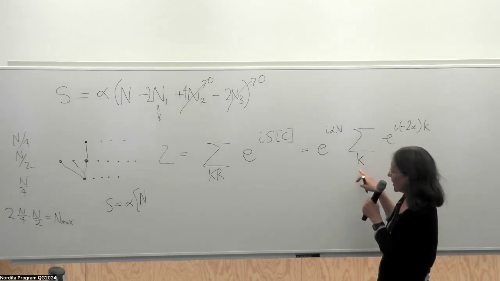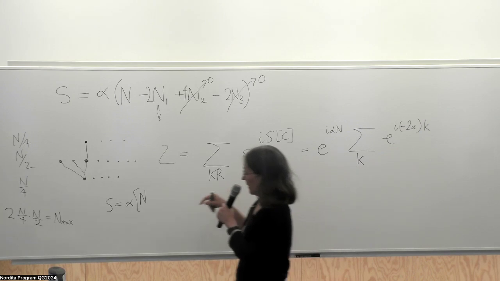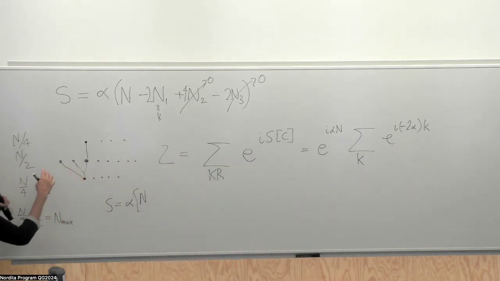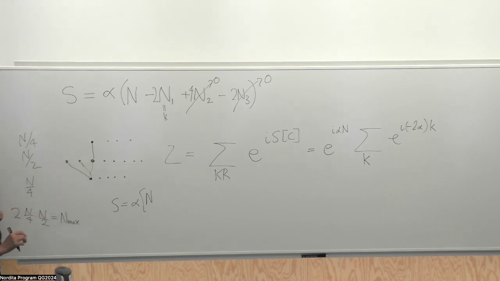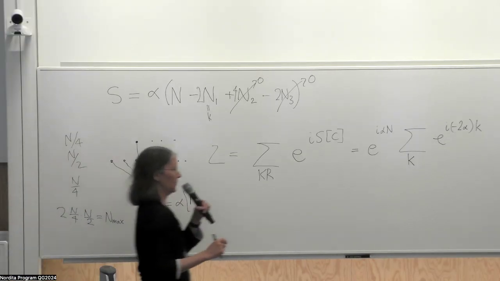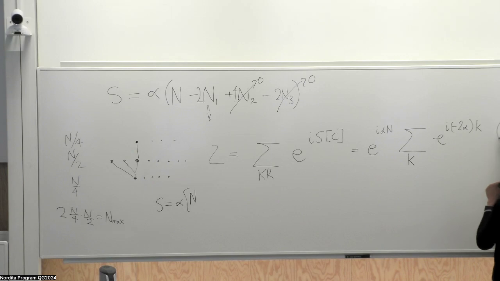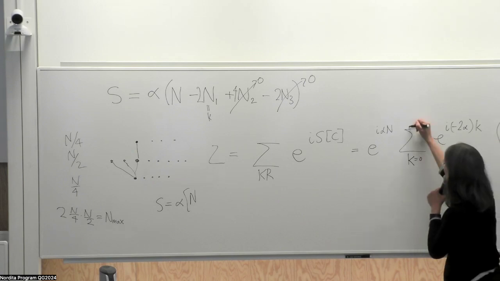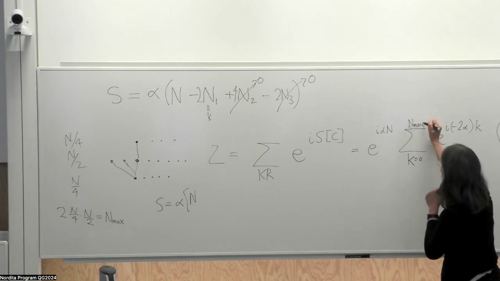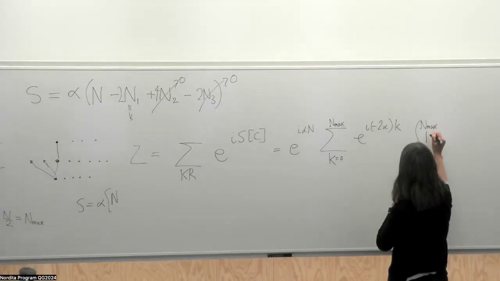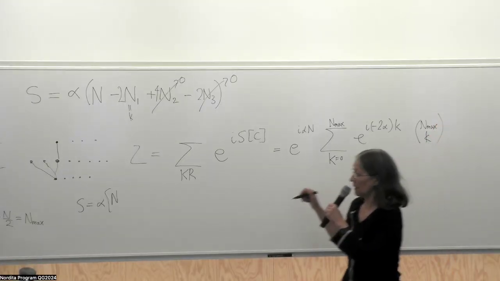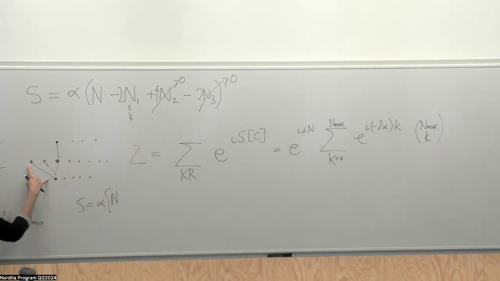But each number k can happen in many different ways. You can get a KR order with k links in many different ways, right? So k has to be 0 to n max, and it's just n max choose k, because n max is the number of possible links, and you just choose k of them, right?